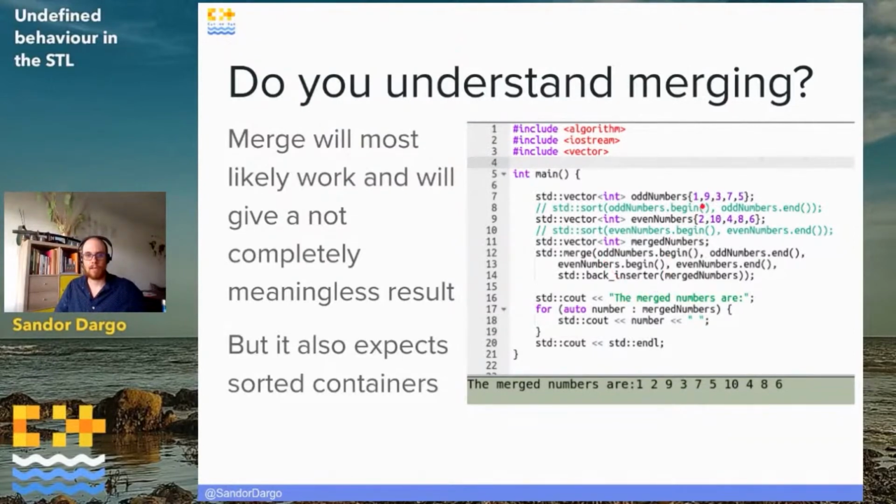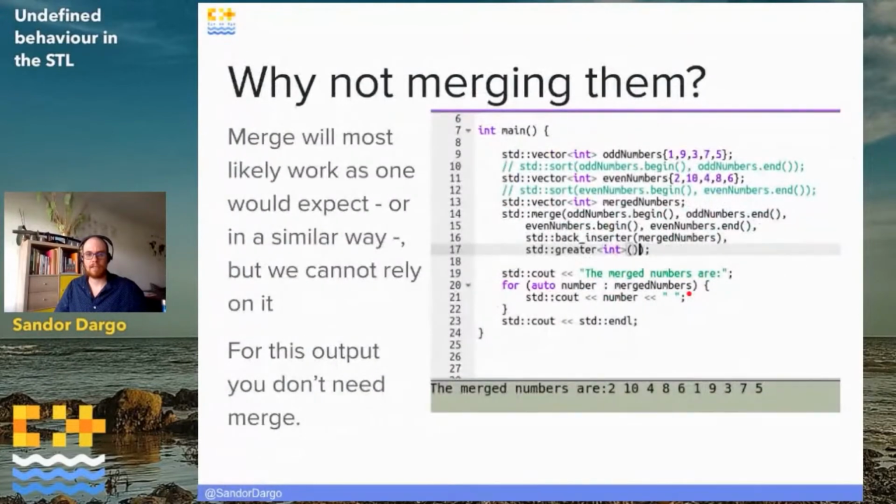You want to combine these odd numbers with these even numbers, and you look at the beginning, it starts with 1, 2. It's not great, but you might think it's okay. It expects sorted containers and it will work fine.